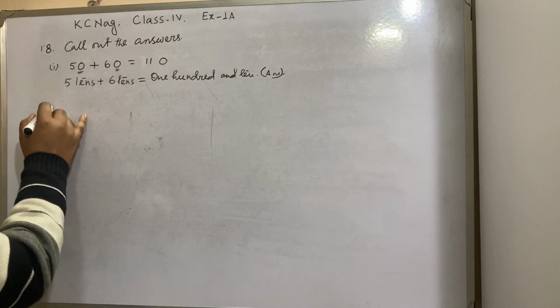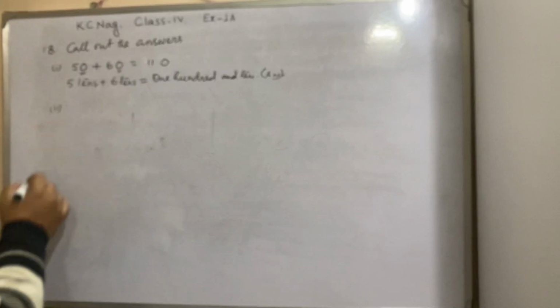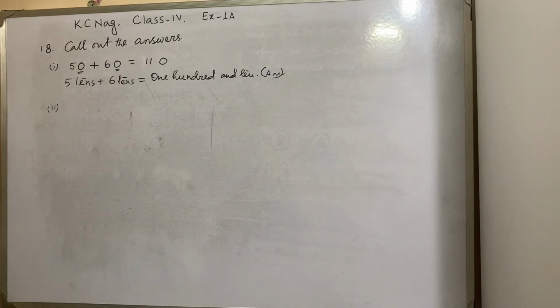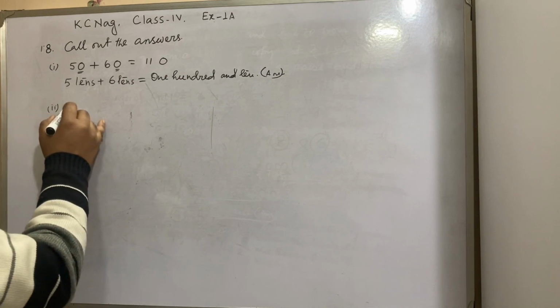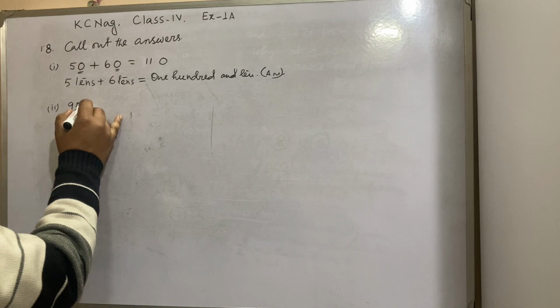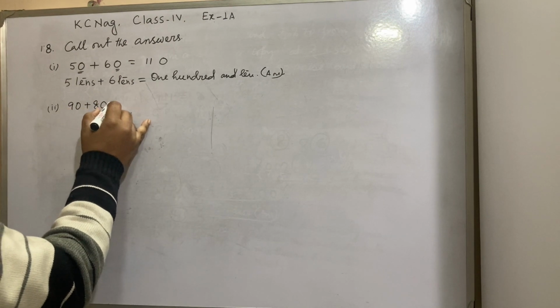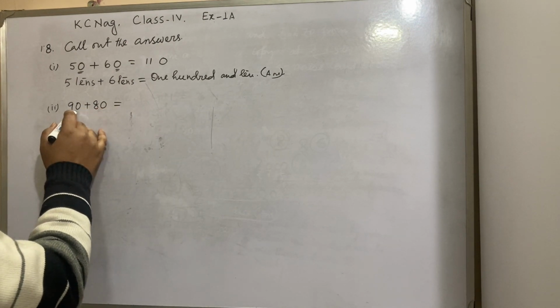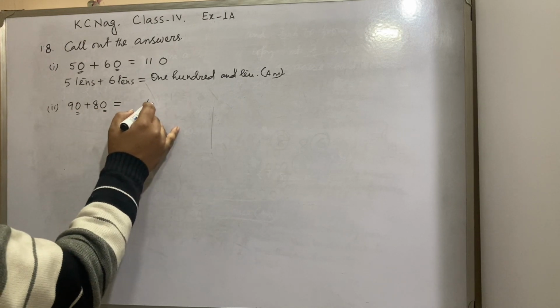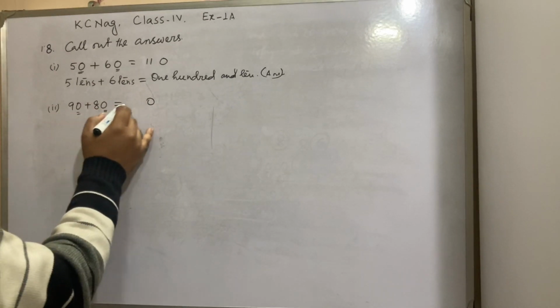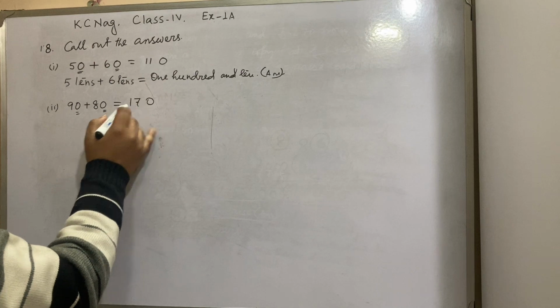Okay, next question number 2. Isn't question number 18 very easy? 90 plus 80 is equal to how much? 0 plus 0, 0. 9 plus 8, what? 17.